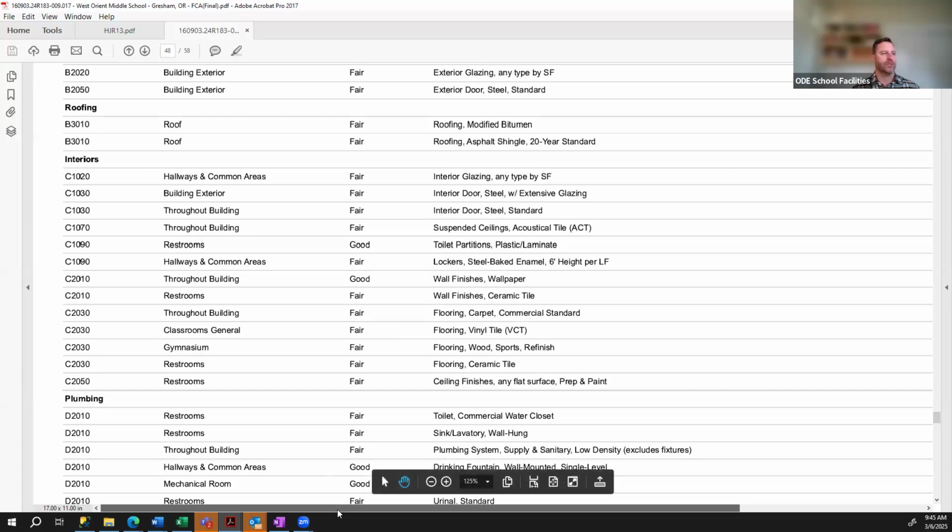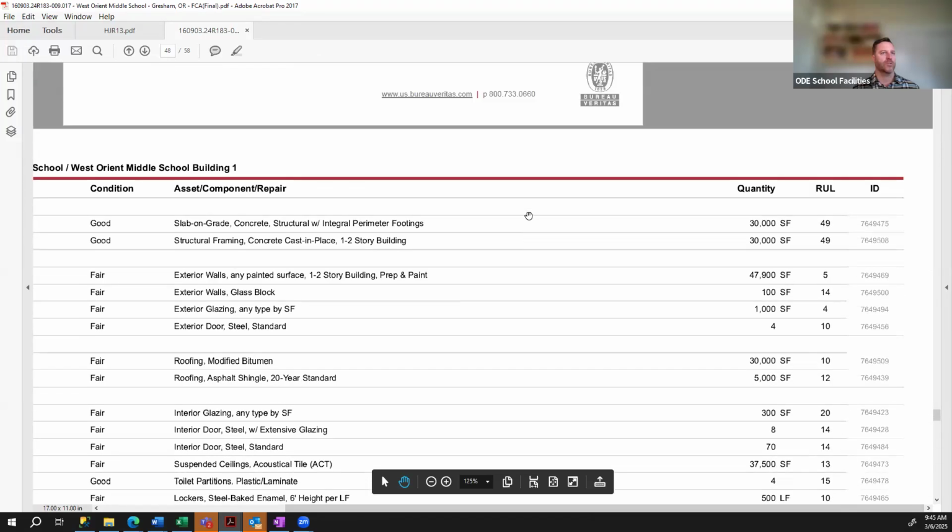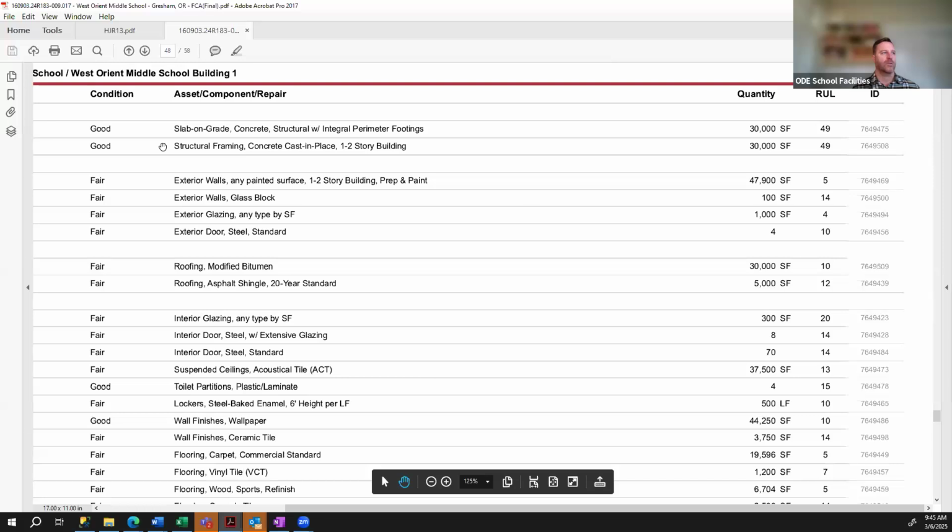So again, you'll be able to see at a more granular level where there needs to be some attention. And then also it tells you what the component is, and then the quantity and the remaining useful life. So the slab on grade perimeter footing has 50 more years left.